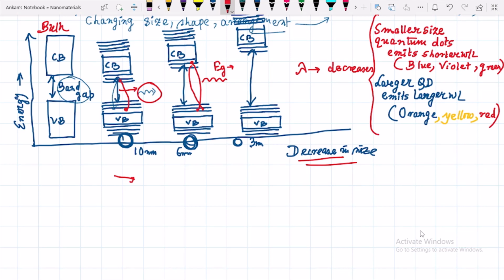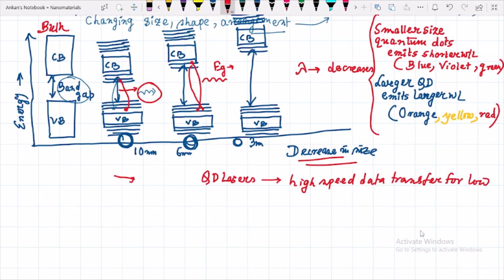The advantage of these quantum dot lasers is that they provide high speed data transfer for low power consumption.